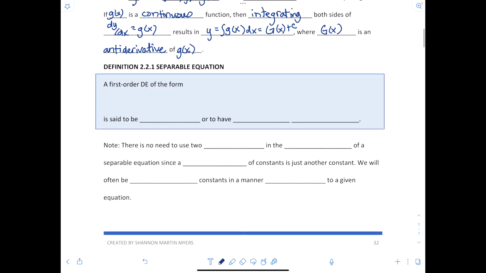All right, so definition 2.2.1, separable equation. A first order differential equation of the form dy/dx equal to g of x times h of y is said to be separable or to have separable variables.